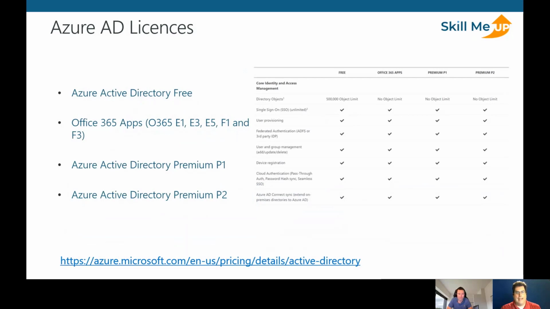So Azure Active Directory has 4 different editions. There's the free, there's the Office 365 apps version, the Premium P1, and the Premium P2. The free edition, or also the Office 365 edition, for the most part, comes with your subscription.